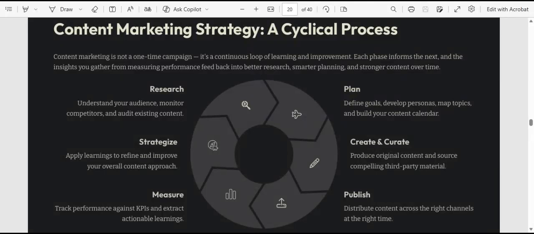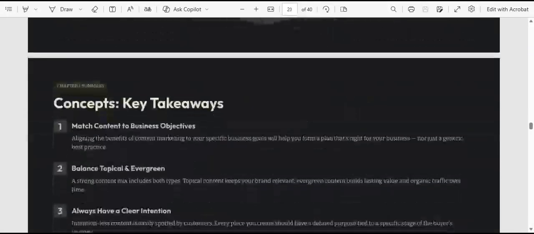You have to do your research and apply a strategic approach in terms of the planning and the distribution of the content, and you have to track measurement. You don't just wake up and post content without tracking its performance.